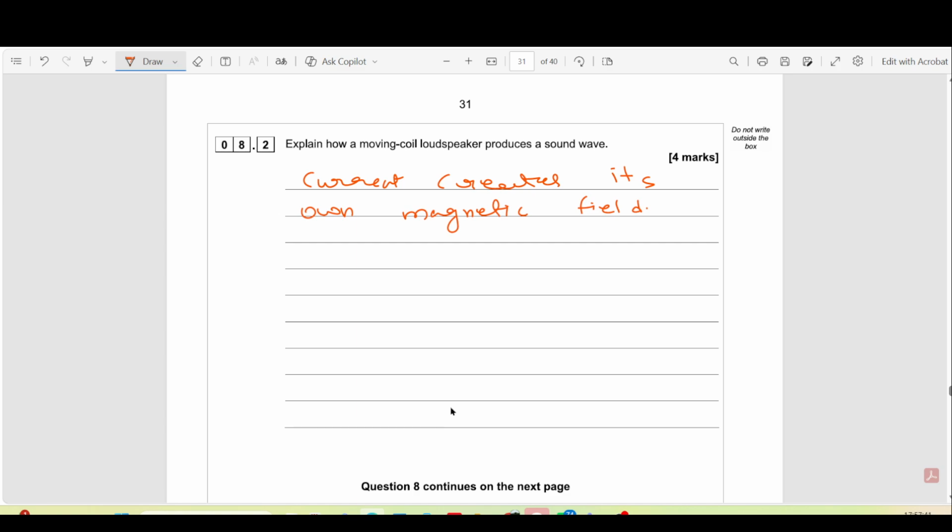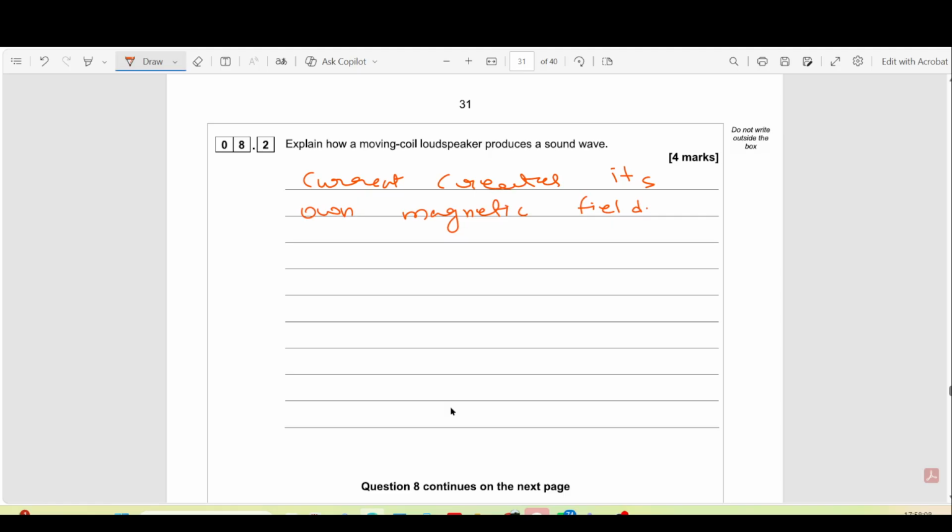Then there is a force experienced by the iron core.